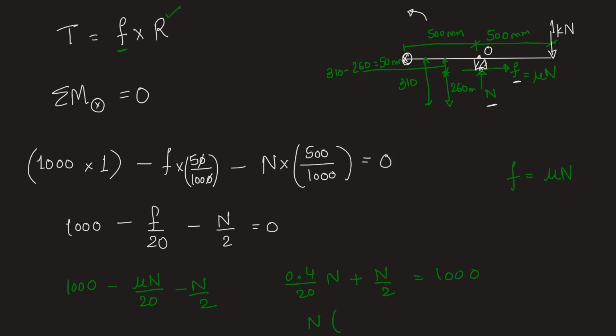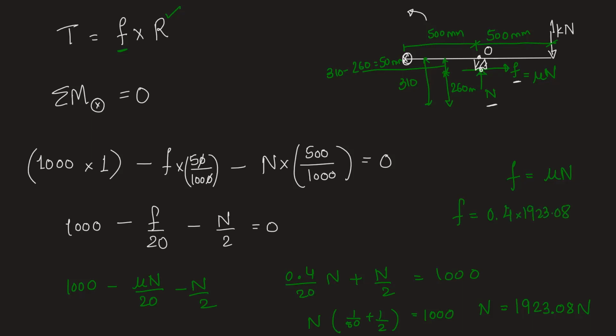Taking N common, 0.4 by 20 is nothing but 4 by 200, which is 1 by 50. So 1 by 50 plus 1 by 2 in the bracket is equal to 1000. By rearranging, we have the N value turns out to be 1923.08 Newton.